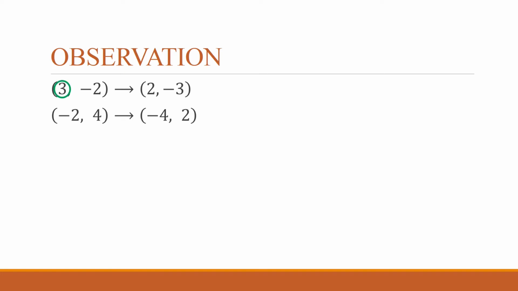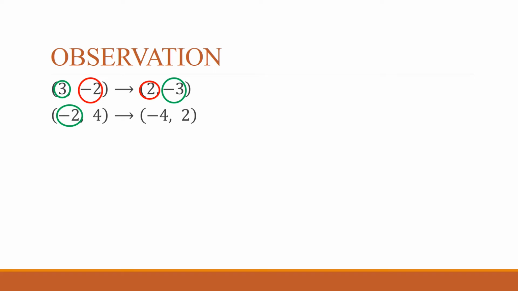And so you observe that the first object point, its x coordinate was a positive value, and after reflecting, it became a negative value and a y coordinate. And also the y coordinate of the object point was a negative value, and after reflecting, it became the x coordinate of the image, but this time around a positive value.